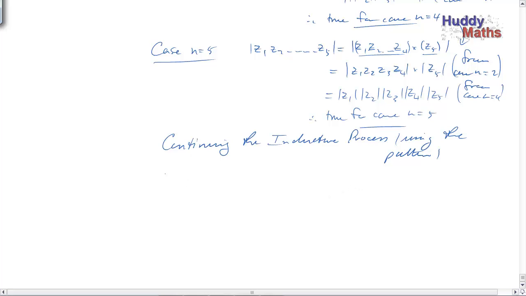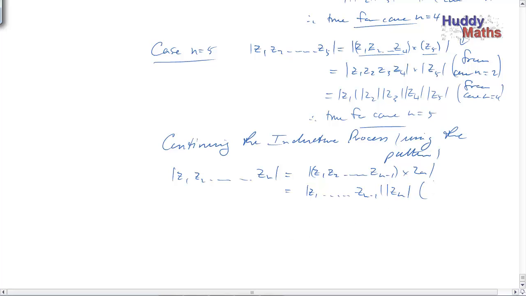You would go here, Z1, Z2, up to Zn is Z1, Z2, up to the one before, times Zn, showing the 2, which is therefore this one, Zn take 1 by Zn.